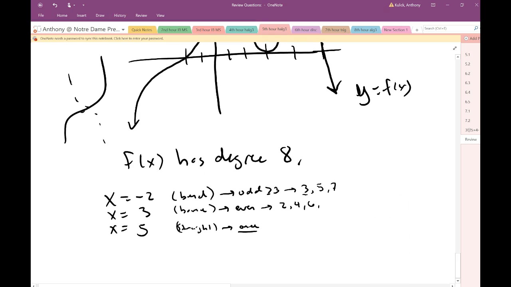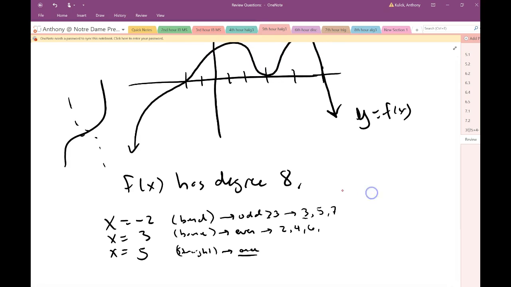But let's look at this a little closer, because maybe it doesn't even make sense to have the 7 there. If this is 7, this has to be at least 2, and that's already bigger than 8. So if this one has to be at least 2, and that one's 7, we have more than 8.